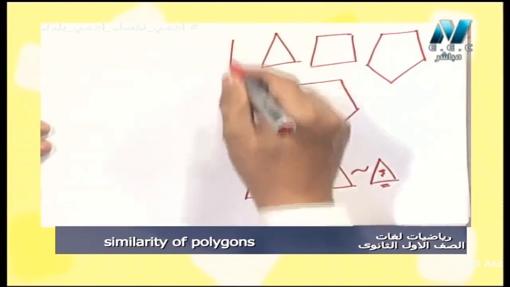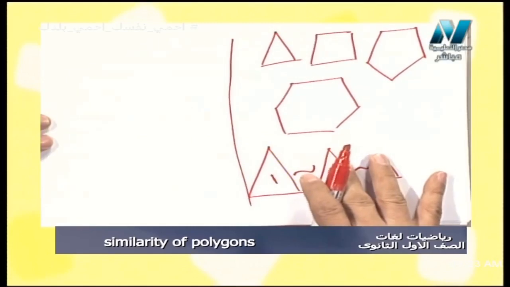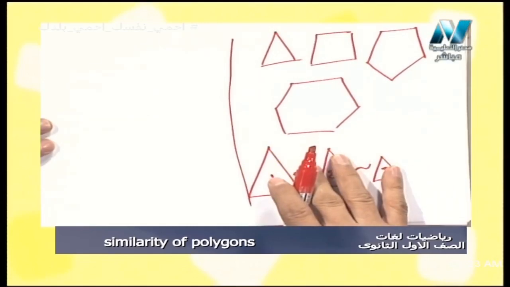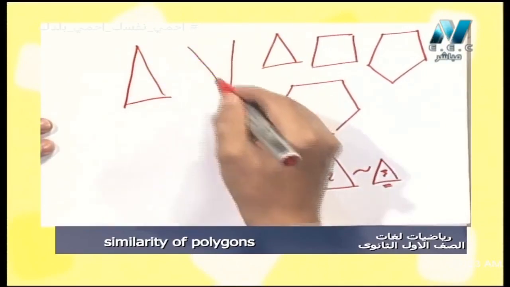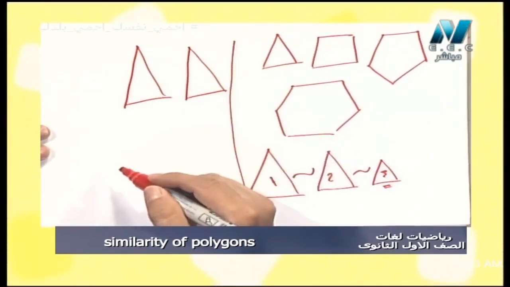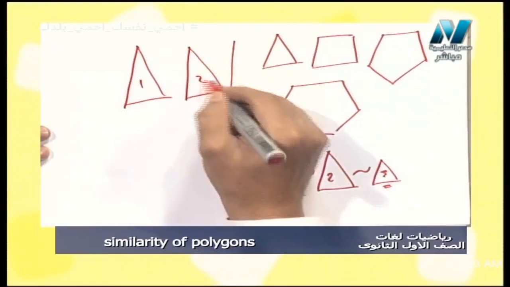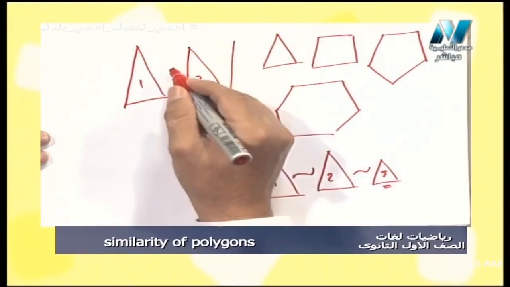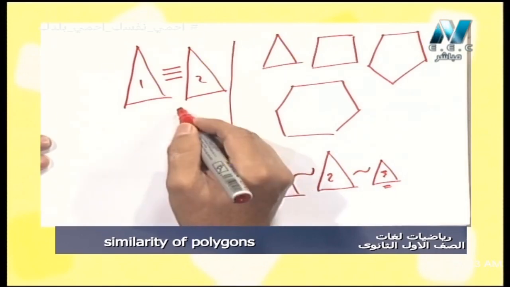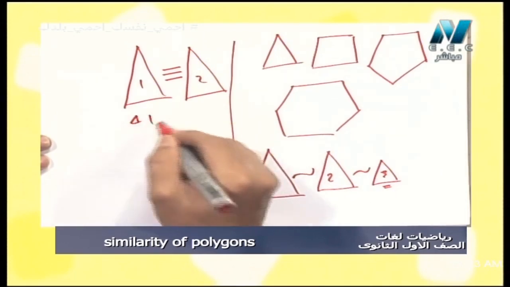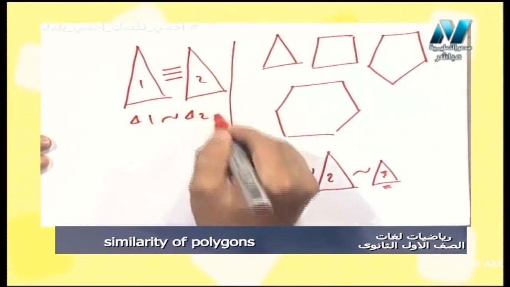We talk about the congruent sides of the congruent polygons. If we have here two congruent triangles, as an example, triangle 1 and triangle 2, these two triangles are congruent, so of course triangle 1 is similar to triangle 2.